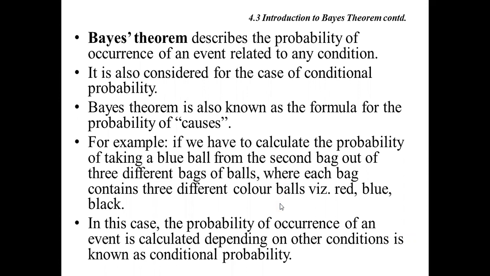So here is an example. Suppose we have to calculate the probability of taking a blue ball from the second bag out of three different bags of balls, where each bag contains three different colors: red, blue and black. I want to take the blue ball, but I have three bags.